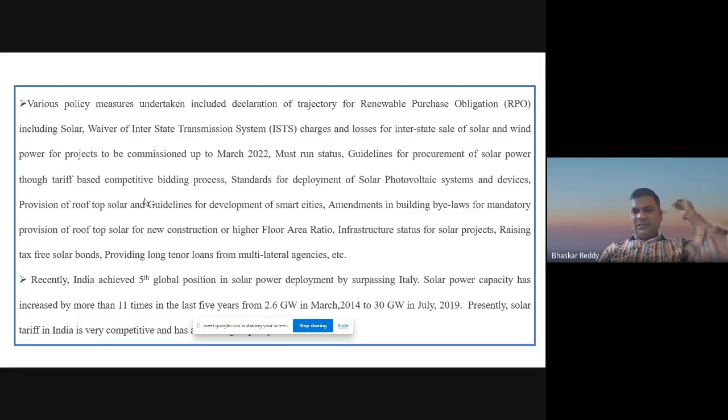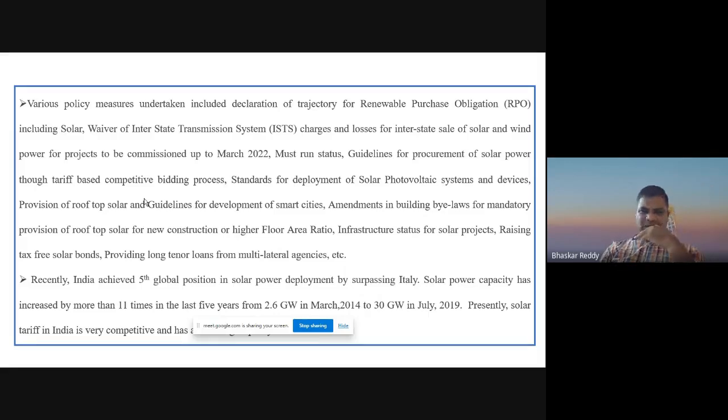Because the government is indirectly encouraging green energy and a pollution-less atmosphere. When the atmosphere is pollution-less, the life cycle of the people in the state or country automatically increases. That's why the government of India is providing all sorts of facilities to individuals to develop solar power plants and to encourage solar energy.